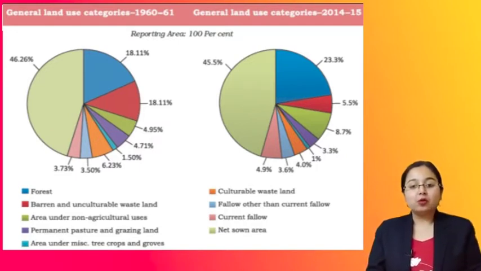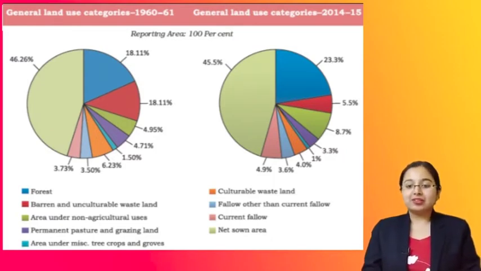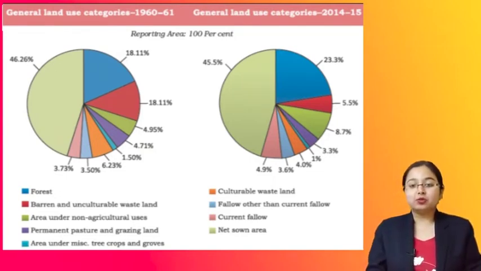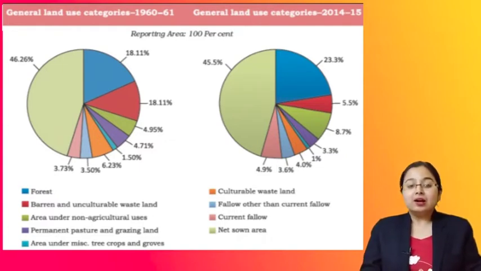Next, we have fallow other than current fallow. The percent was 3.5% in 1960-61, which increased to 3.6% in 2014-15. Next, we have current fallow. The current fallow was 3.73% in 1960-61, and it increased to 4.9% in 2014-15.